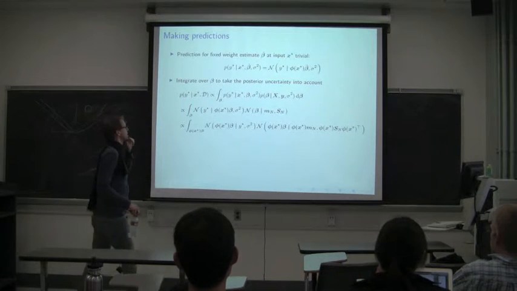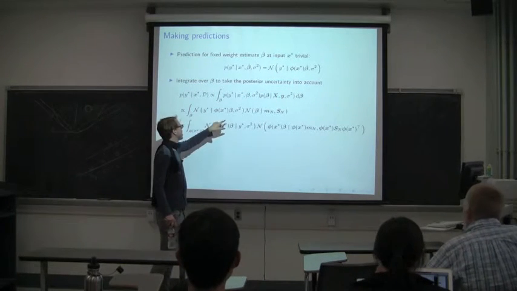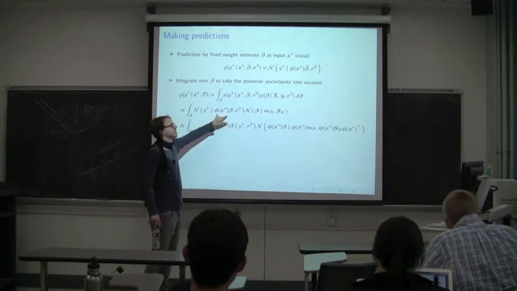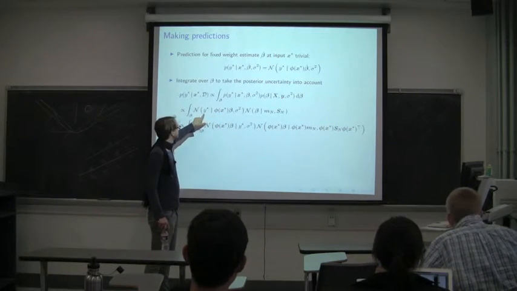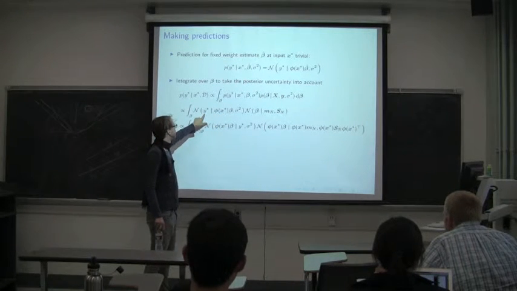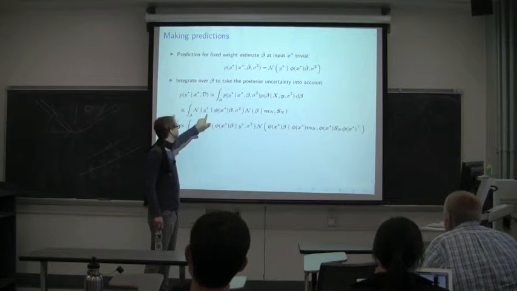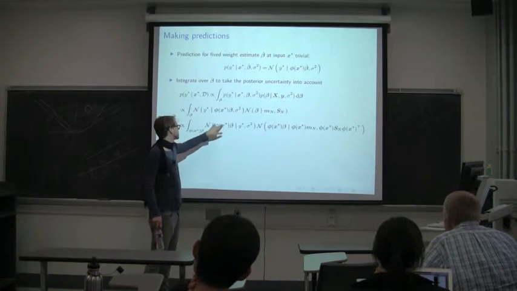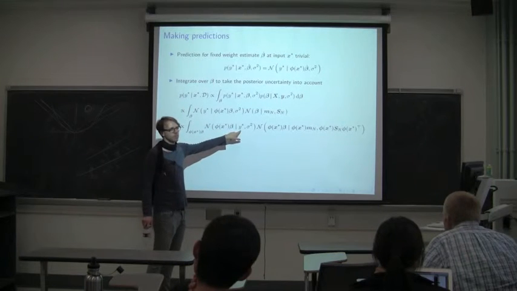If you have a Gaussian function, then writing the Gaussian in y with mean x beta is the same as writing it in the variable x beta with mean y.